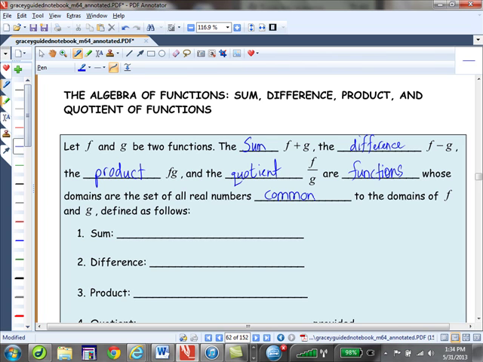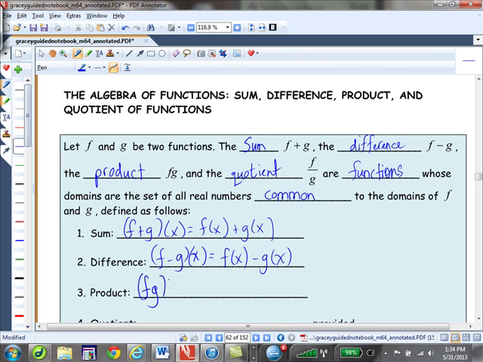So the sum, as we learned, f plus g at x is equal to f at x plus g at x. F minus g at x is equal to f at x minus g at x.